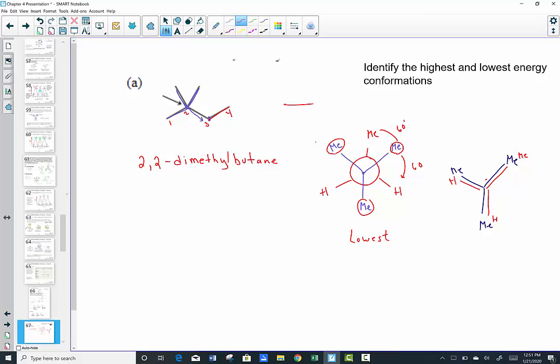And that should be an open circle there, not another dot, but that open circle leading from carbon 3. And now we have a methyl-methyl interaction, high energy, and we have 2 methyl-hydrogen interactions. And so these interactions all cost the molecule energy. This would be the highest energy conformation. And notice again, even if I started spinning another 60 degrees, I'm just back to the same molecule I started with.